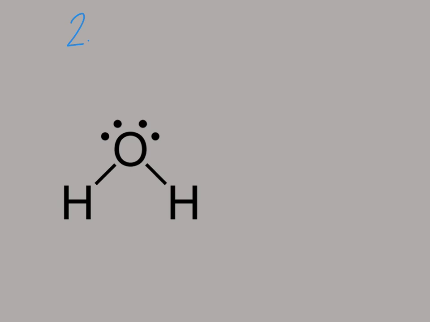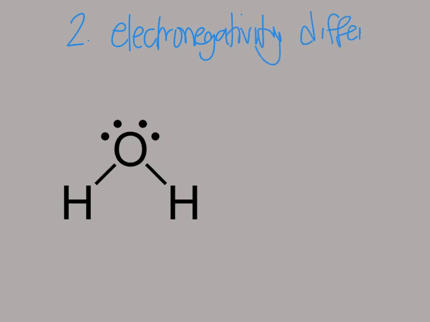The second way to determine this is by looking at the electronegativity difference. On the periodic table, as I mentioned earlier, this is a high electronegativity, and down here would be low electronegativities.